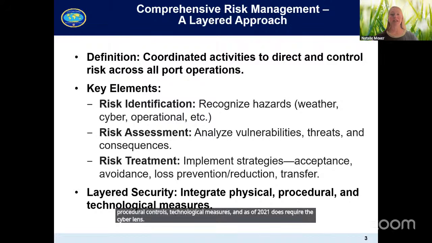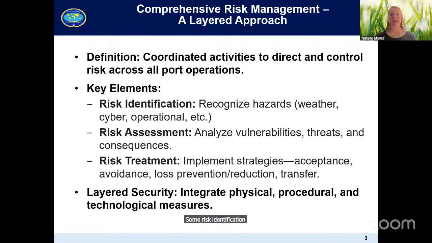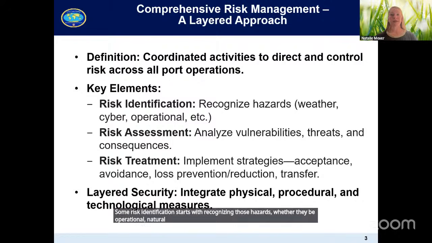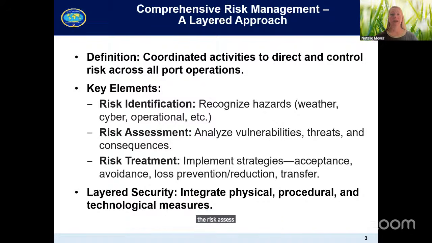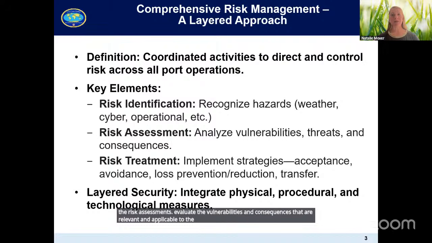Risk identification starts with recognizing those hazards, whether they be operational, natural, or cyber. The risk assessments evaluate the vulnerabilities and consequences that are relevant and applicable to the actual port layout or specifically a port facility, and rank them based on their criticality.